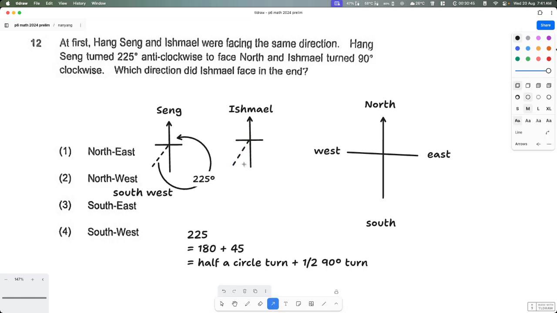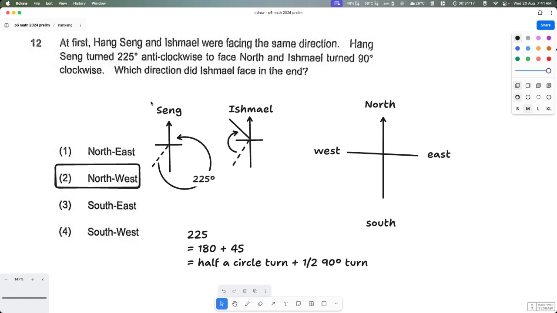And then he turned 90 degrees clockwise. Correct. Clockwise this shape, right? So it is this. So that means 90 degrees is just a 90-degree turn, like this, which is over here. Okay, which is northwest. So the answer is option number 2. There you go. Option number 2. So southwest. Okay, so that's it for this.